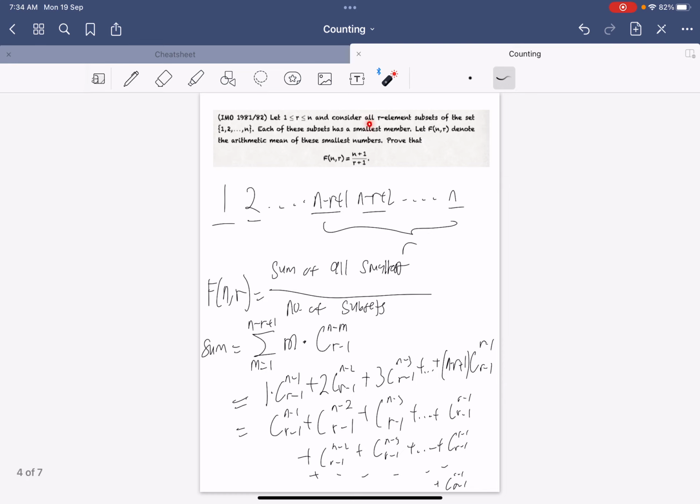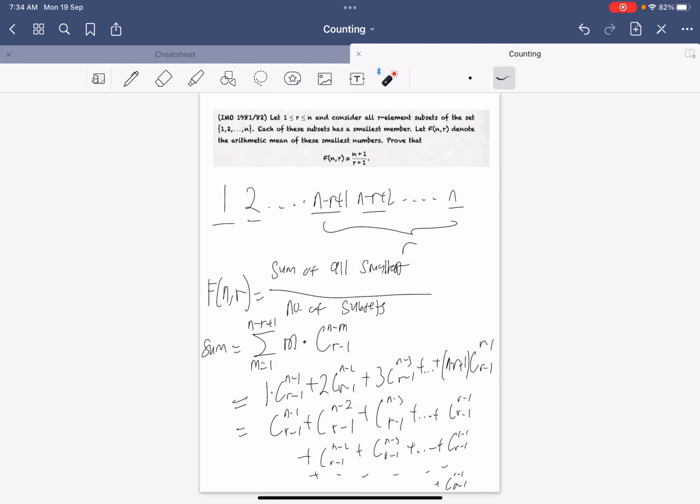We consider the r-element subsets of the set 1 to n, and each of these subsets has a smallest element. We let the arithmetic mean of the smallest elements be defined as f(n, r). We want to prove that f(n, r) equals n plus 1 over r plus 1.